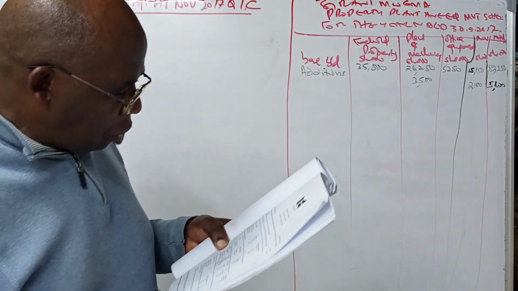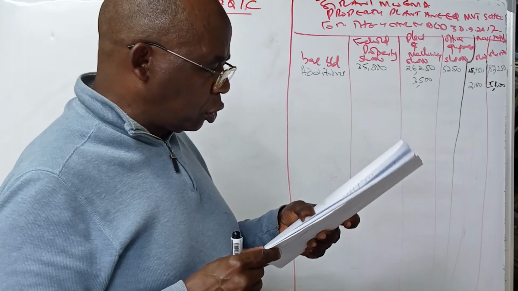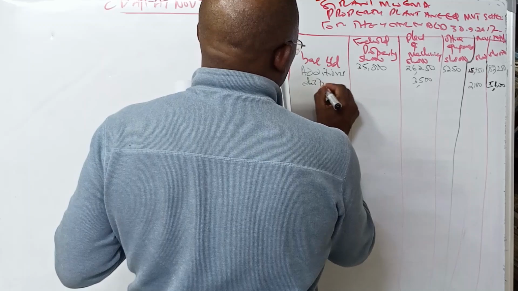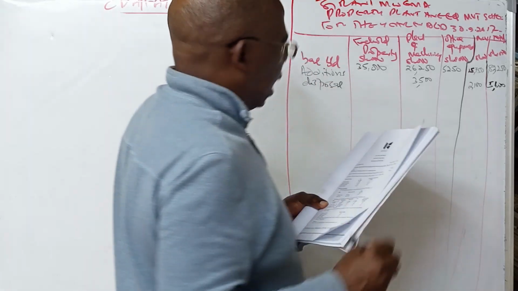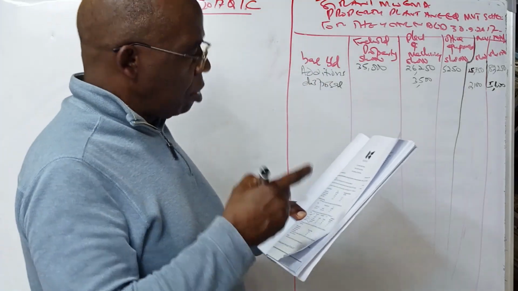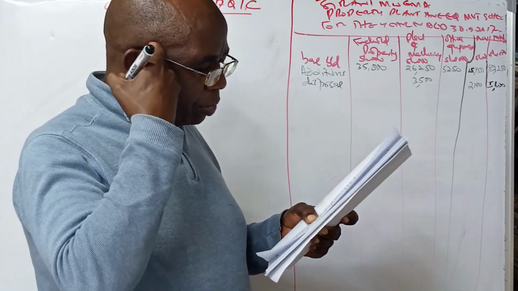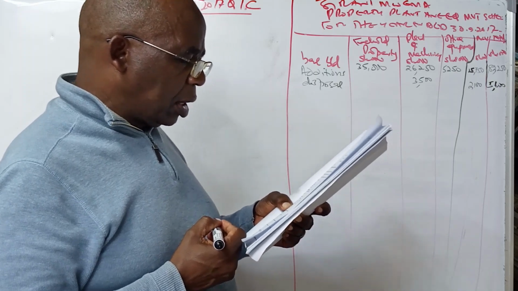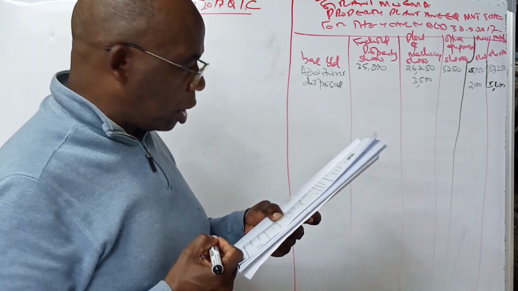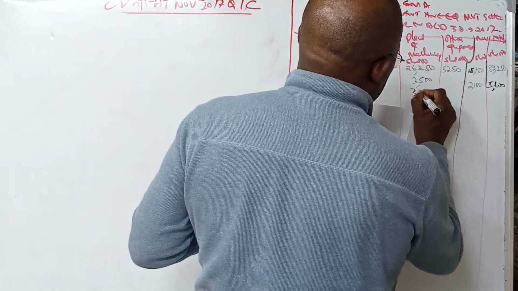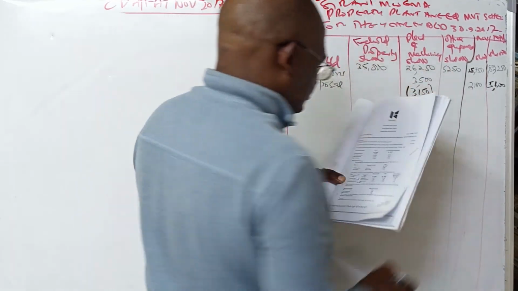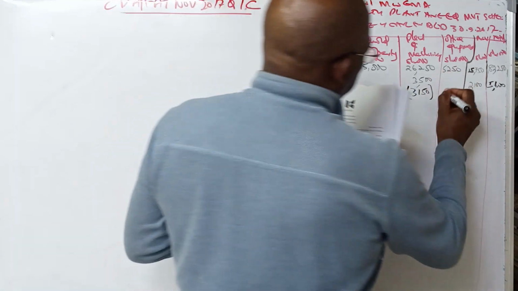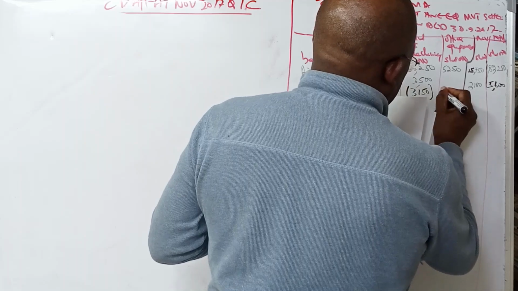Additional information number two, we are told the following non-current assets were disposed during the year. So disposals. You get the original purchase cost of the assets we disposed, and then you capture them there, but you bracket them. Machinery, we disposed assets which had cost 150, but now you bracket it. Office equipment, assets which had cost 280, again you bracket it.